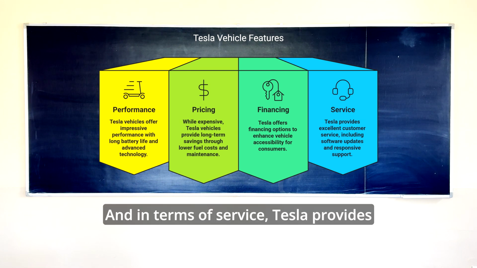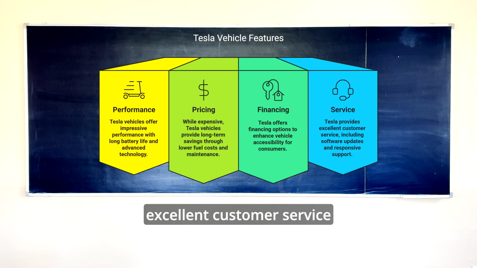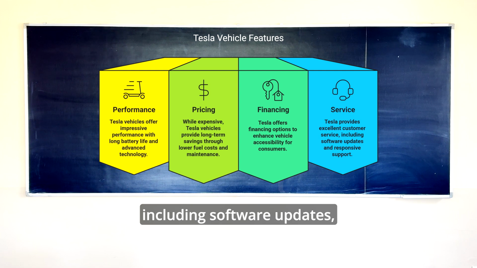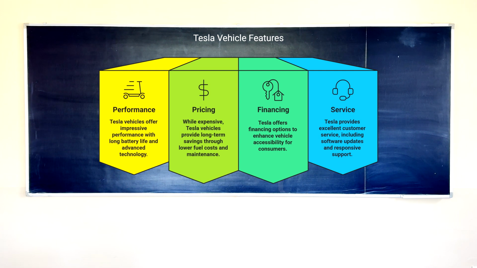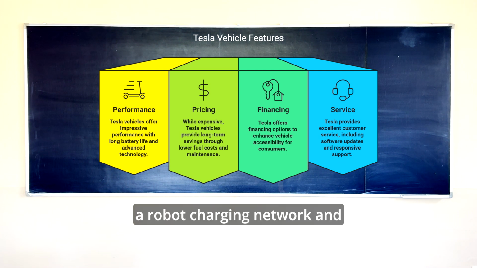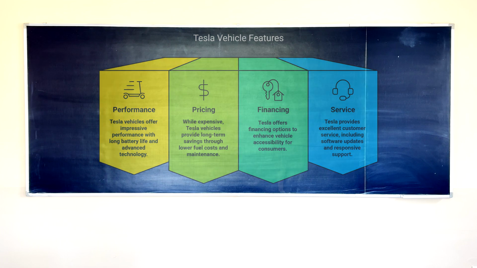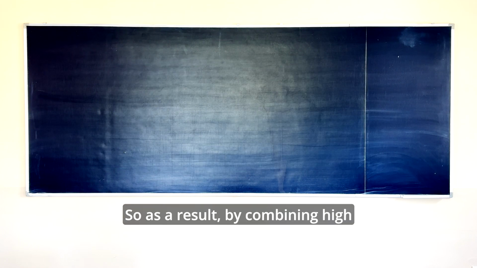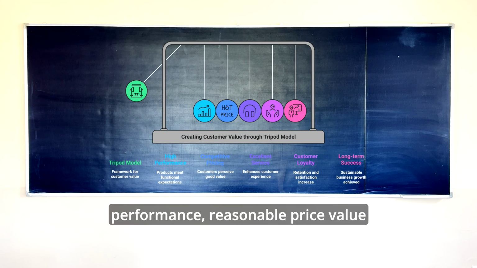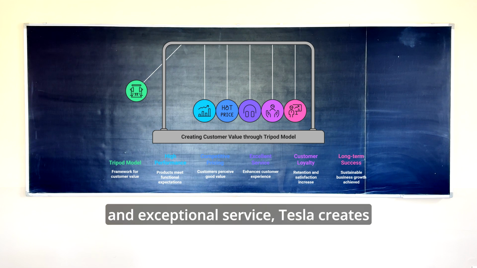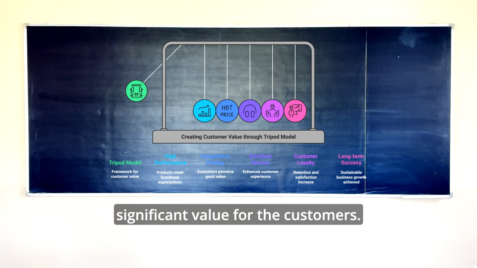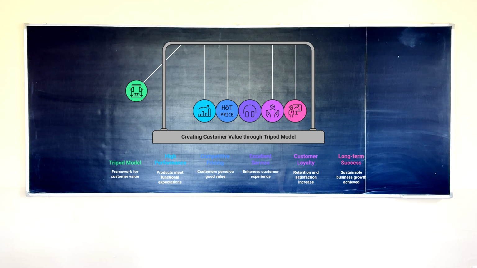And in terms of service, Tesla provides excellent customer service, including software updates, a robust charging network, and responsive customer support. So, as a result, by combining high performance, reasonable price value through cost savings and exceptional service, Tesla creates significant value for the customers.